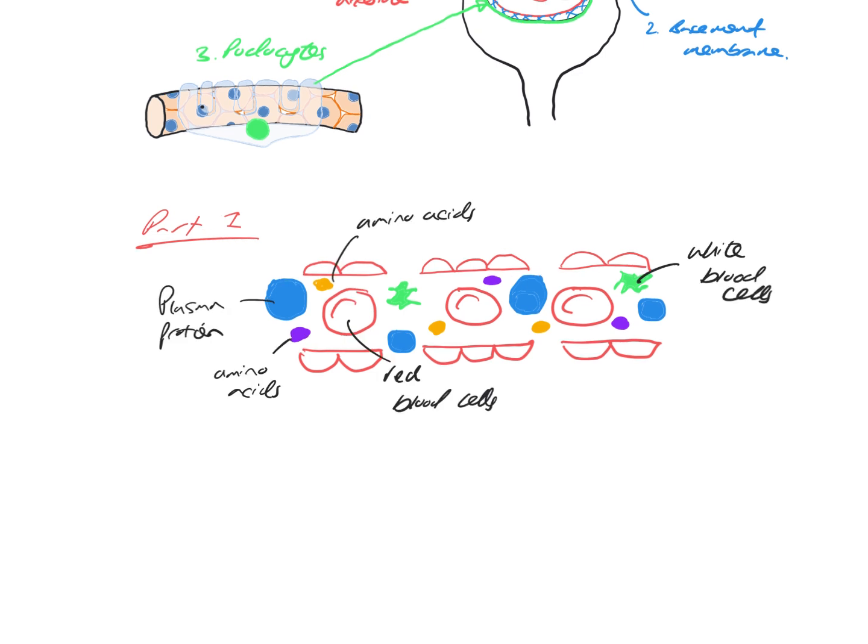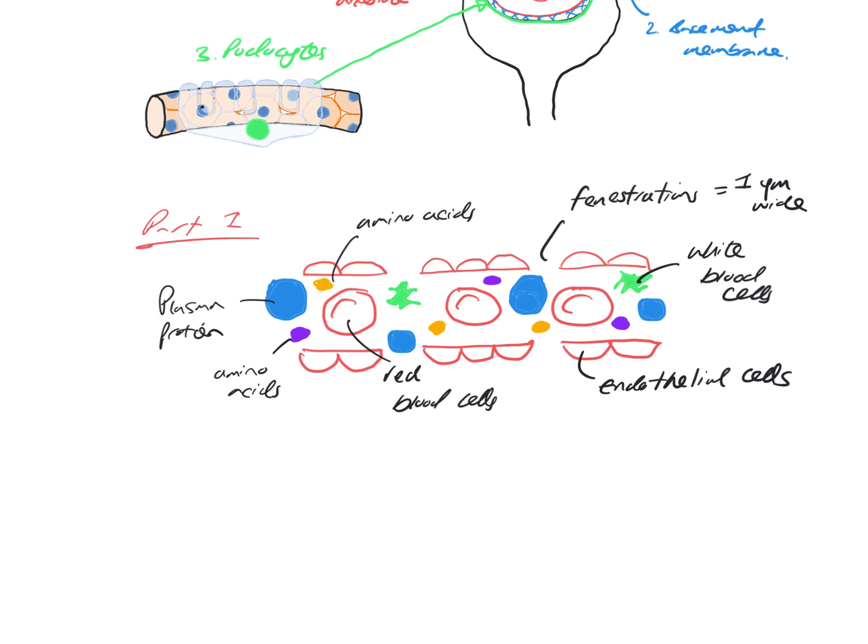Then if we draw our attention back to the structure of the capillary, you can see that you've got those endothelial cells, which make up the walls of the capillary, and you can see the small gaps known as fenestrations, and these are 1 micrometer wide. So at this stage we see a number of components of the blood being forced out.